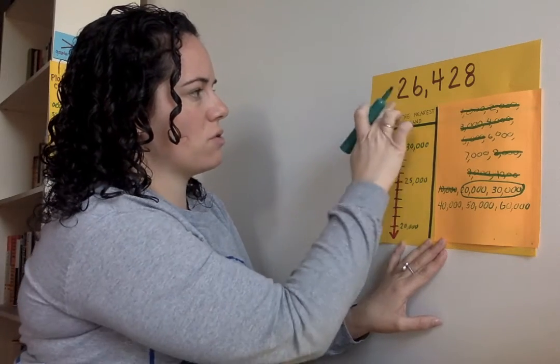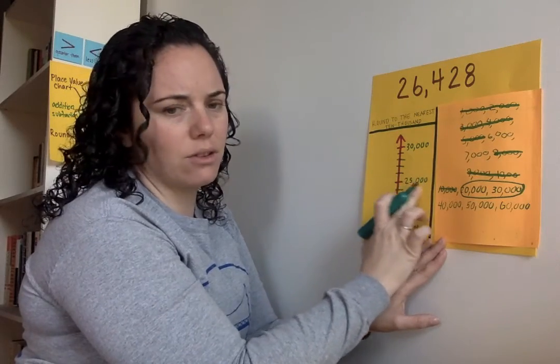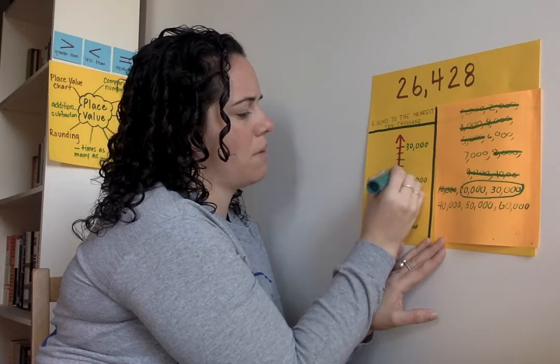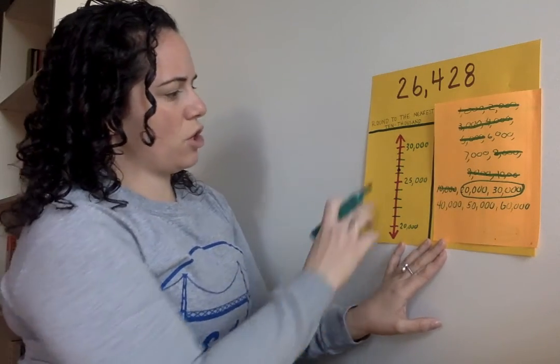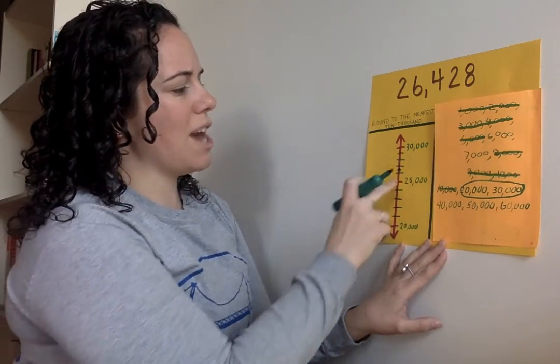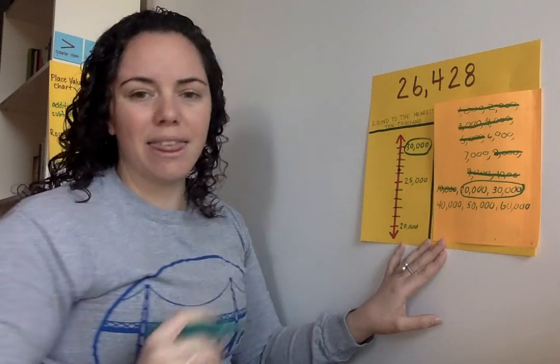Well, I know that 26,428 is greater than 25,000, so I'm thinking that it's coming right here, which is showing me that 26,428 rounded to the nearest 10,000 is 30,000.